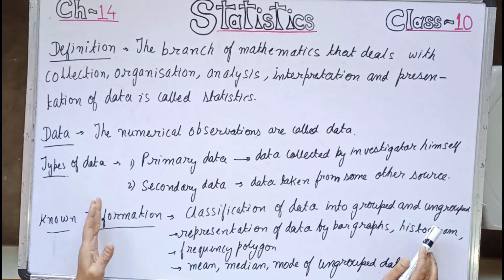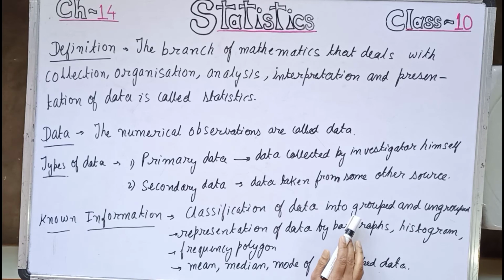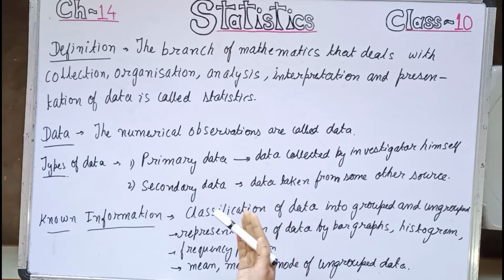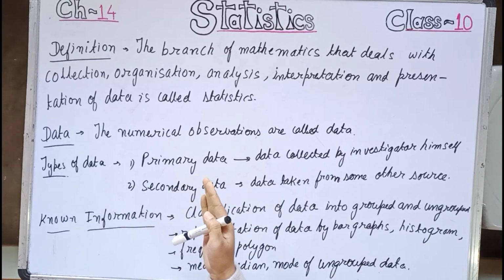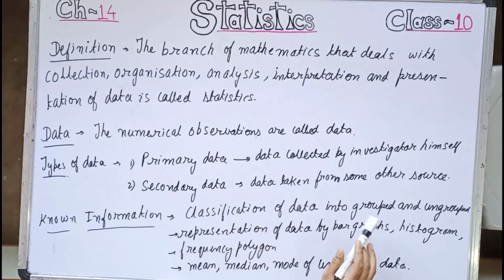If we arrange it either in the form of a discrete distribution or a class interval distribution, it becomes a grouped distribution. Next, we know representation of data by bar graphs, histogram, and frequency polygon. Bar graph and histogram you have done in standard 8 as well.